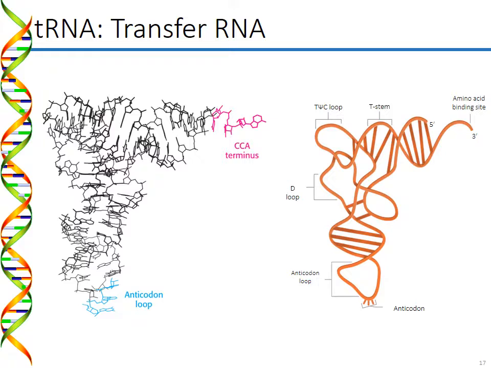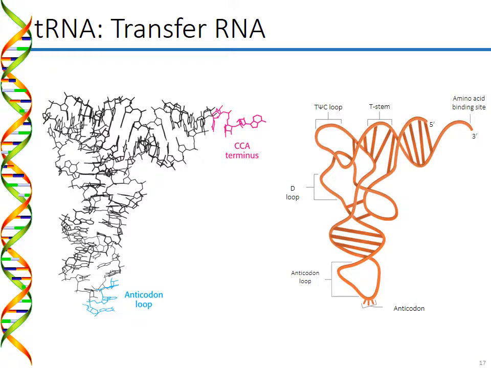This allows the single strand of RNA to actually form in various sections a double-stranded complex between two different parts of the same strand of RNA. This allows the overall molecule to take on a three-dimensional shape.